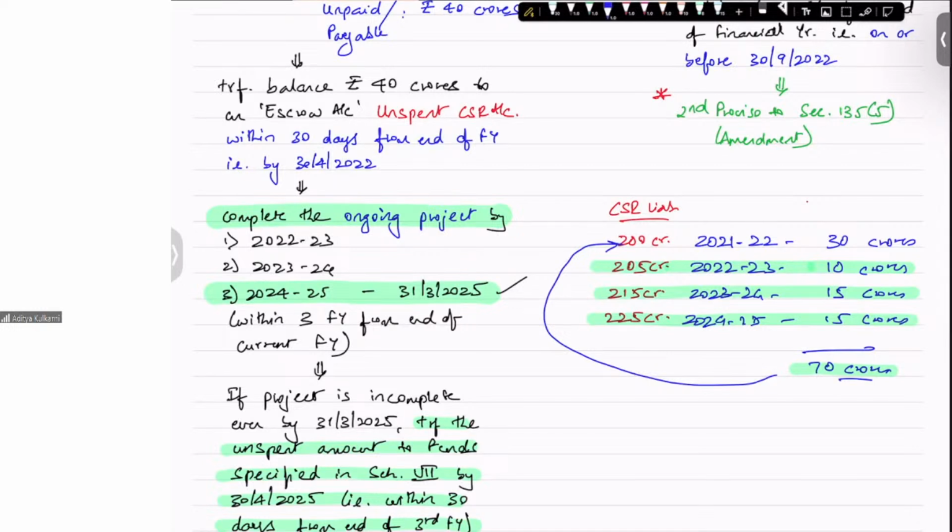So this argument that the subsequent amounts which you pay is towards the respective years in which you are paying towards that CSR liability, that argument is not right. 70 crores is purely the burden of 2021-22. 22-23, 23-24, 24-25 spends will start afresh. You cannot club this 70 crore there.